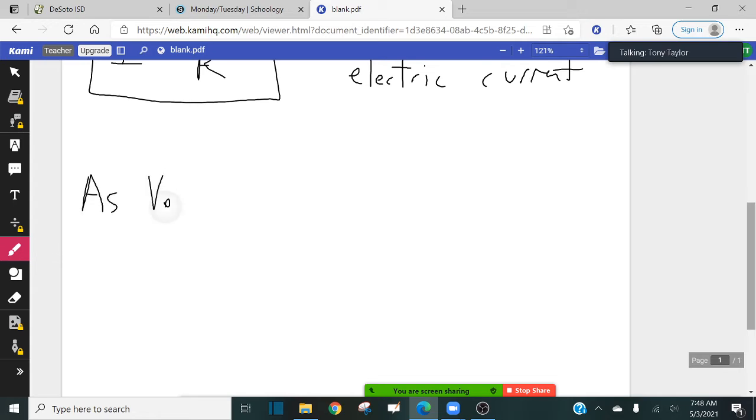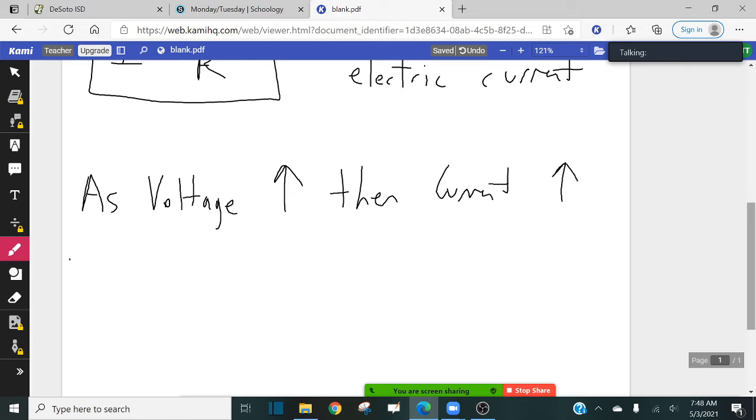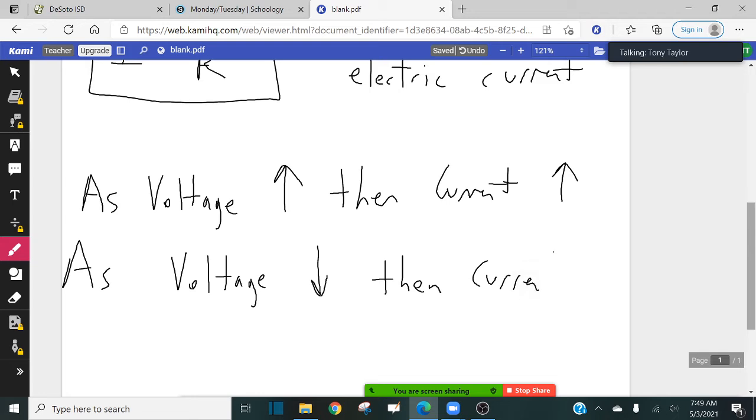As voltage increases, then current increases. As voltage decreases, then current decreases. Okay.